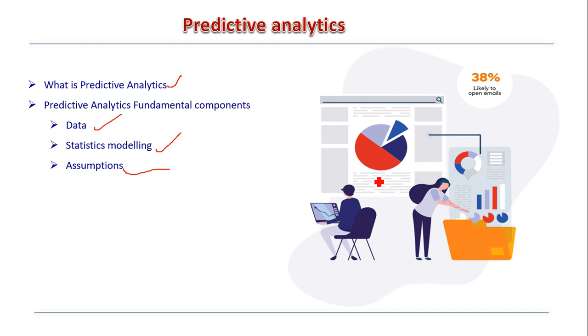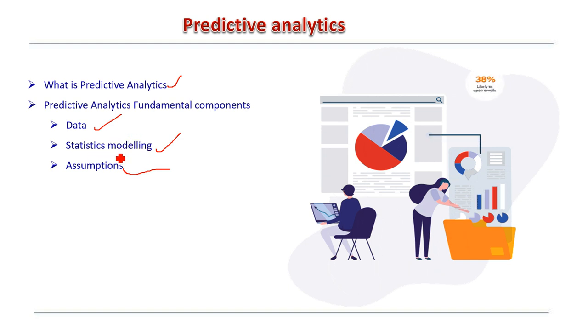See in this diagram, you are predicting, classifying from the past data. First of all, what is data? The most common barrier faced by organizations trying to implement predictive analytics is a lack of reliable data.